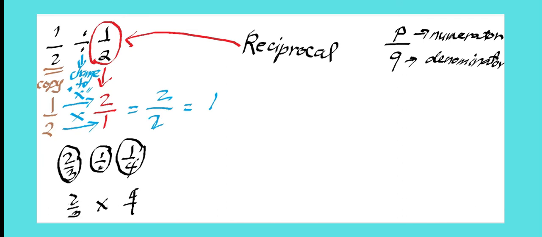Then apply the rule of multiplication. 2 times 4 will give you 8, and 3 times 1 will give you 3. So 8 over 3, and because 8 and 3 are relatively prime, they are already in the lowest terms.